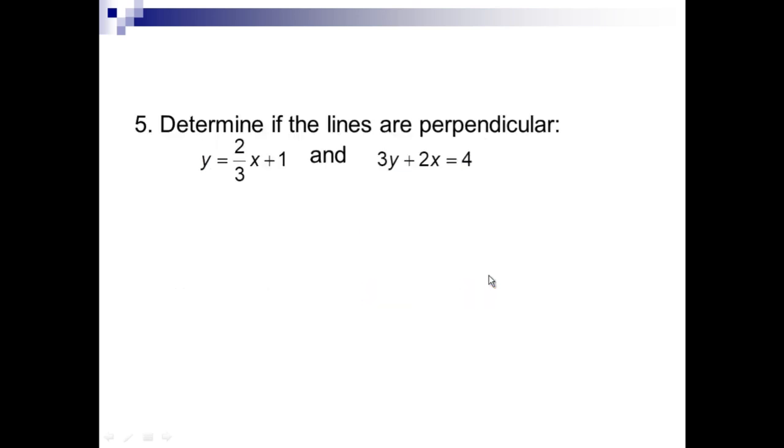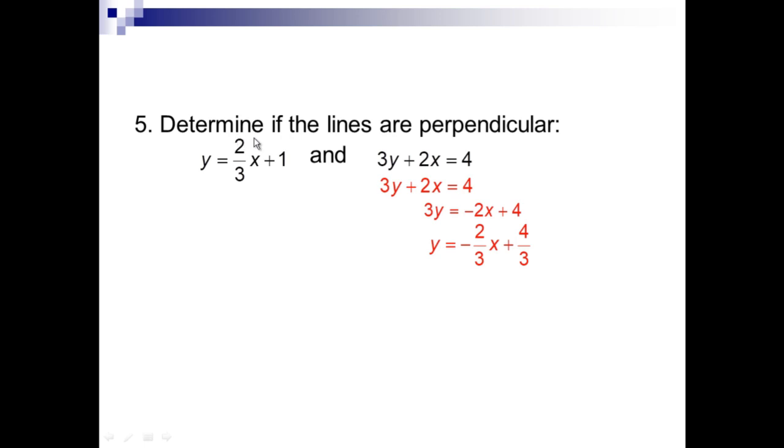Next question. Determine if the lines are perpendicular. From the second equation, let's change the form to y equals negative 2/3 x plus 4/3. We know that the gradient is negative 2/3.